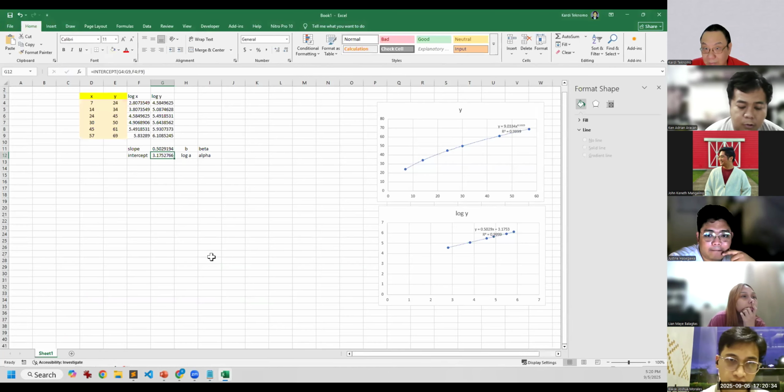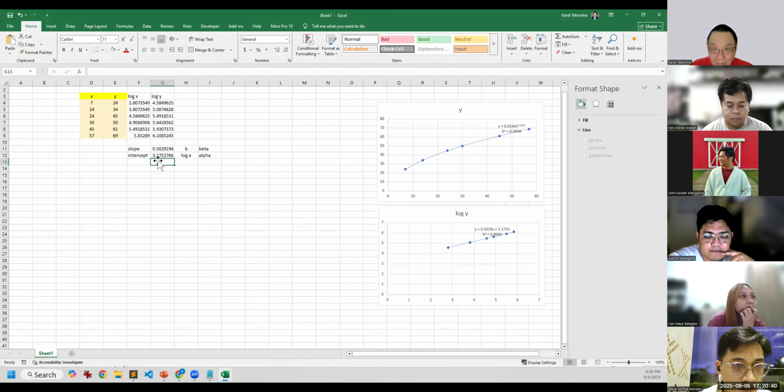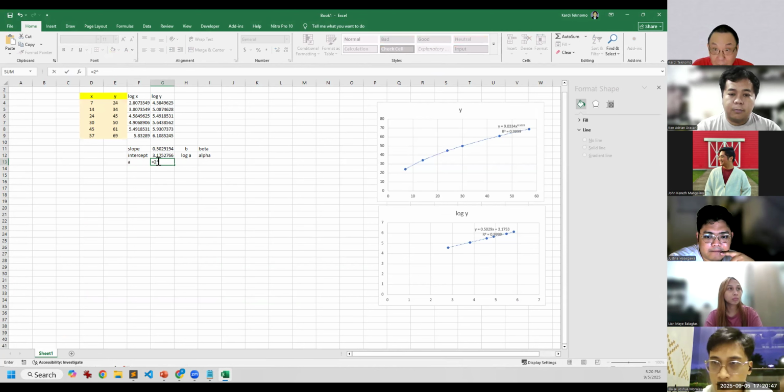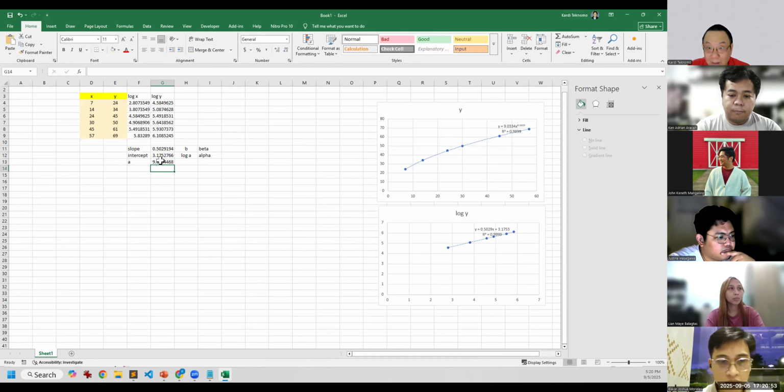So in this case, remember we use base 2 here. So then A is equal to 2 exponent alpha, this one. And we have 9.03.